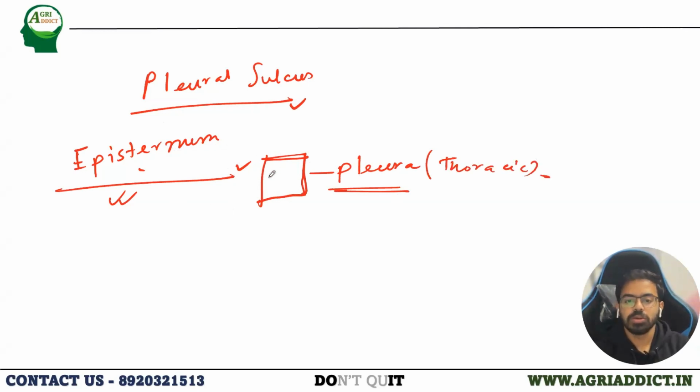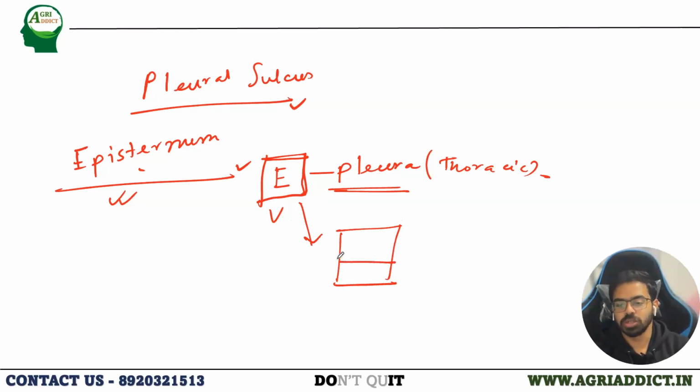So this particular portion, that is the ventral side, is known as episternum.